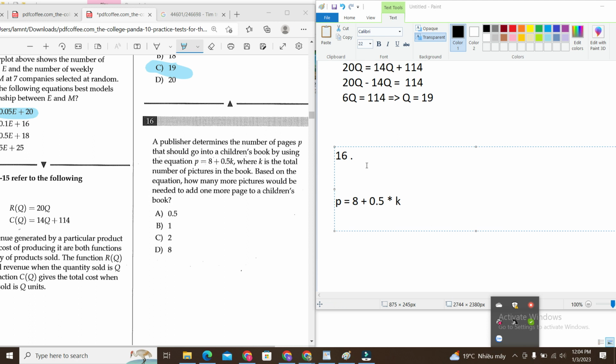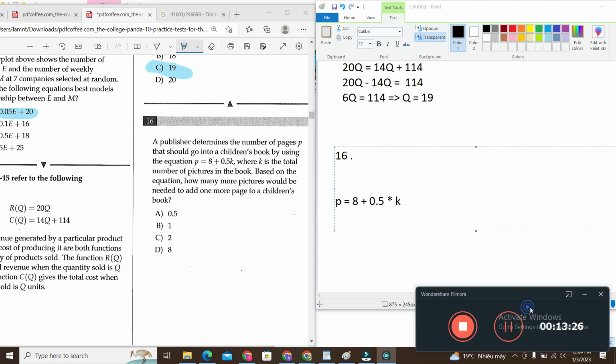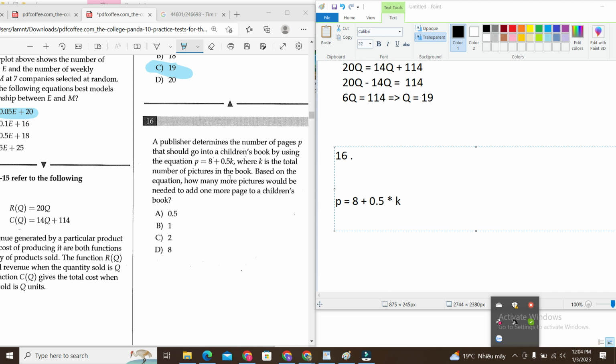K is the total number of pictures in the book, whereas P is the number of pages. They ask how many more pictures we need to add one more page to a children's book.